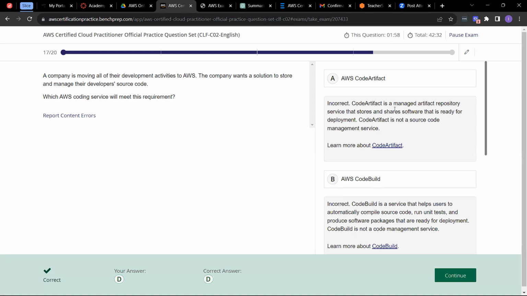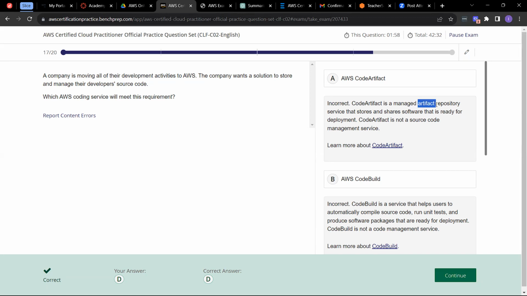So CodeArtifact is a managed artifact repository service that stores and shares software that is ready for deployment. So it's not a source code management service.